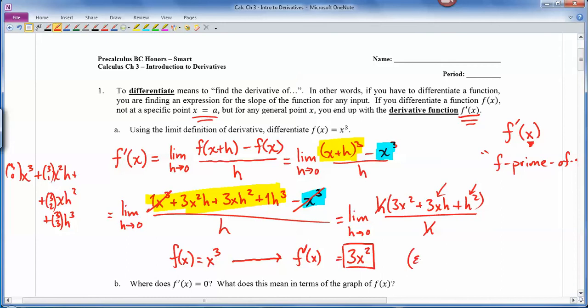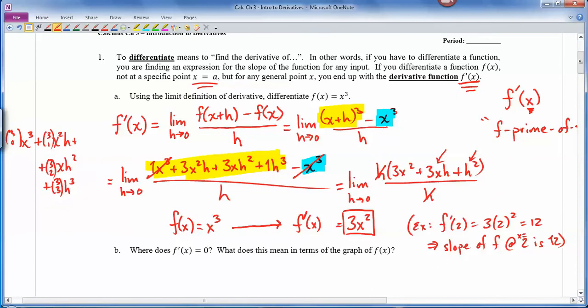So f prime of 2 equals 3 times 2 squared, which equals 12. That means the slope of f at x equals 2 is 12. You could also call it the derivative of f at x equals 2 is 12.